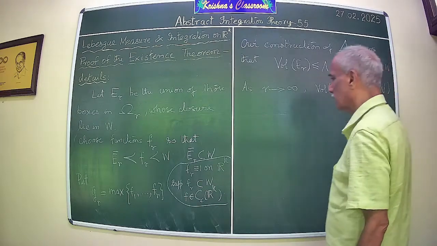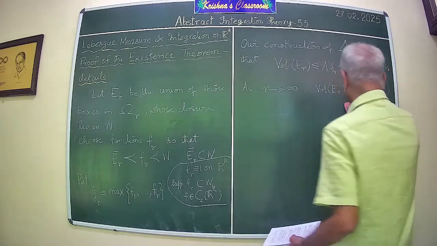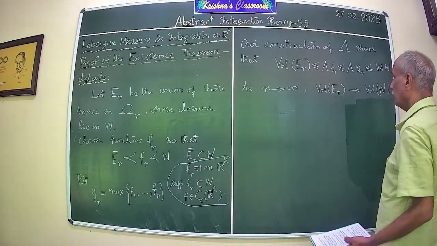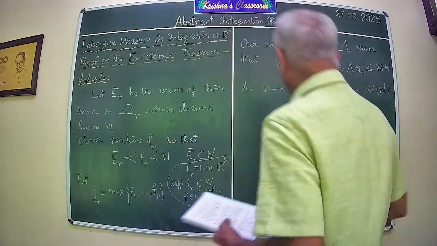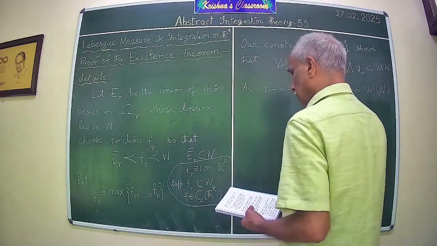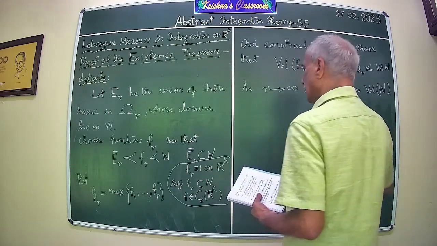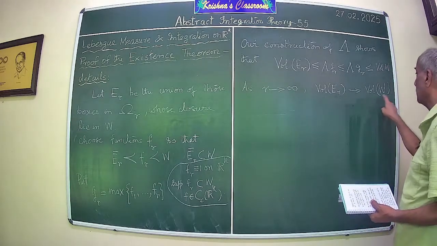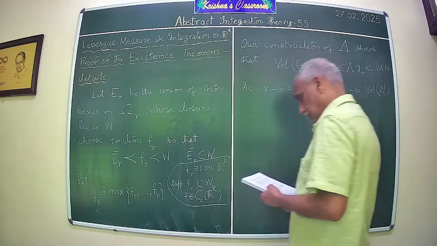E2 will be, you subdivide this and take the full squares inside that and so on, and then put the union of that, that's equal to E. So this is how the construction goes, and therefore you see that the total volume of ERs, or volume of ER, as R tends to infinity, becomes volume of W from within. Okay.